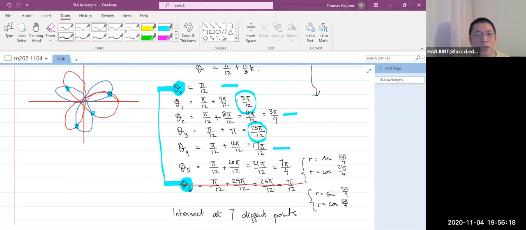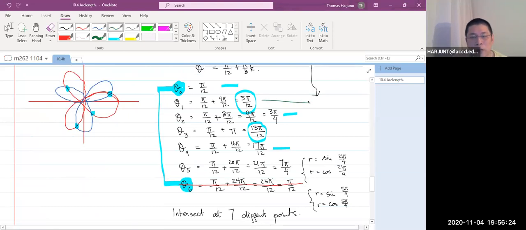I can say that this one here, this one here will give us actually the same result. R equals sine, if I multiply by 3, that will be 5 pi over 4. R equals cosine pi over 4 also.